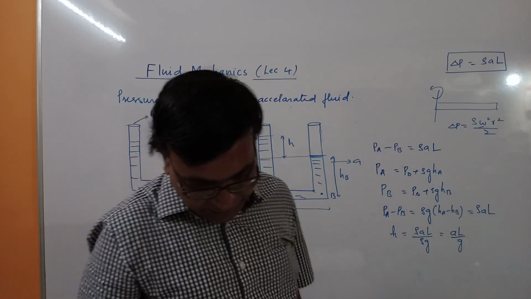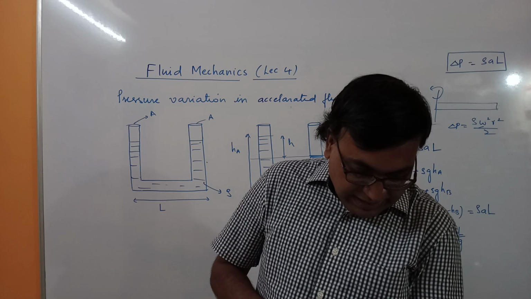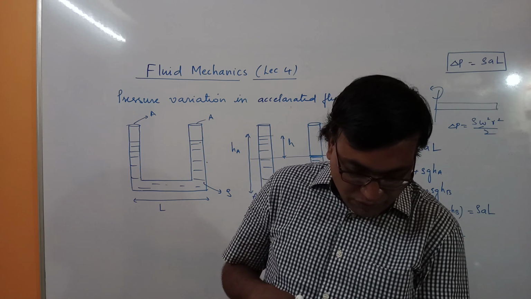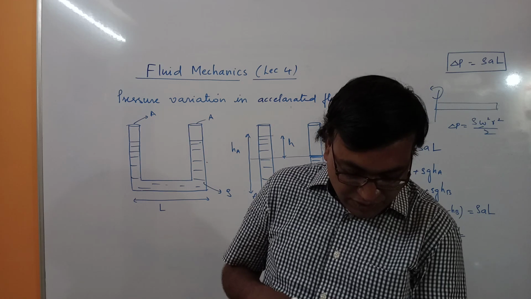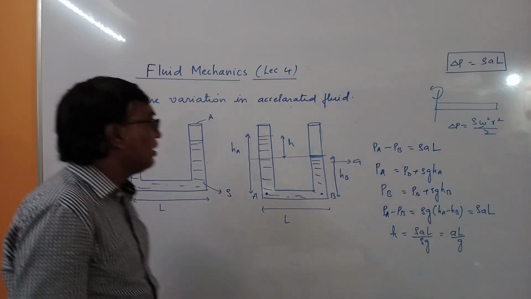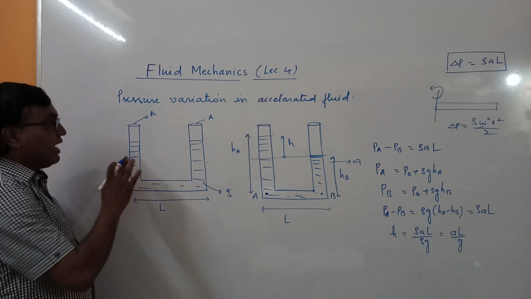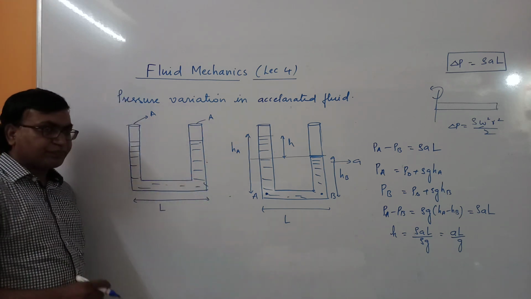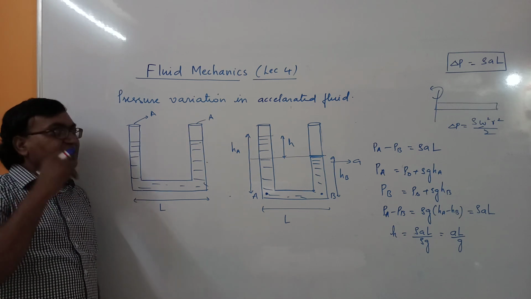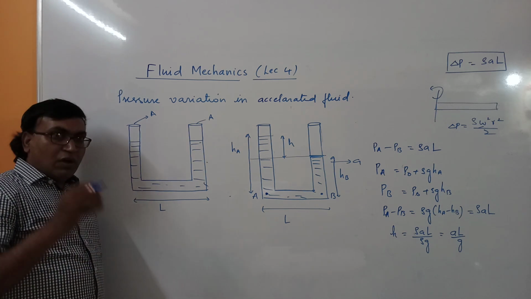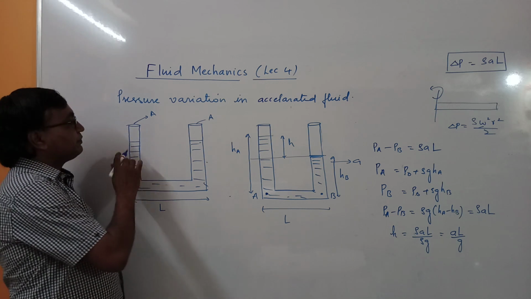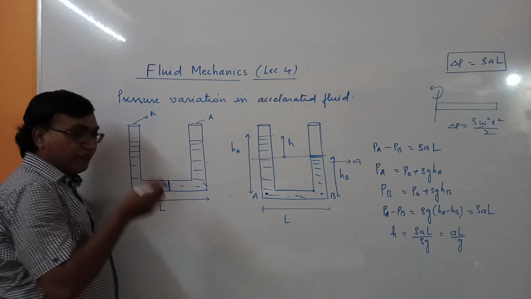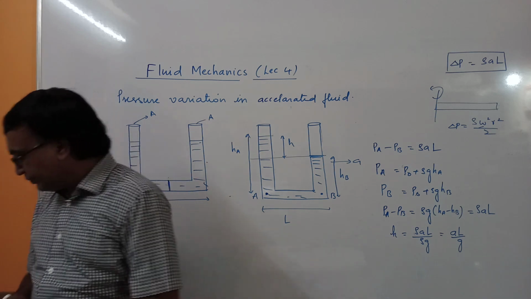The next problem: the base length is filled with equal volumes of two liquids of densities 2 rho and rho. Find H when the height difference becomes 0. Now we have a U-tube, and in this U-tube two different types of liquids are filled, of equal volume to the same height.